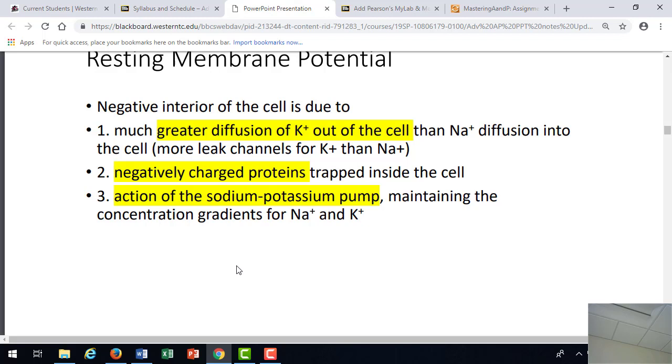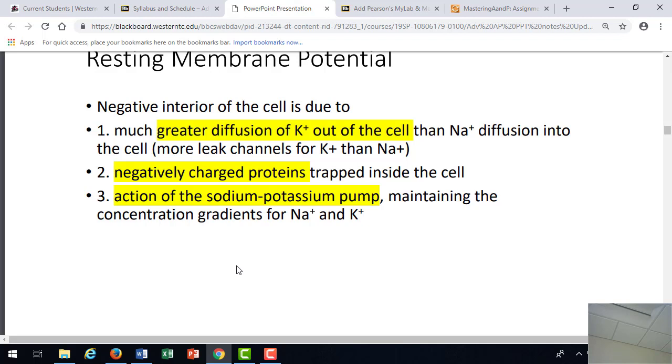So if both of them are positively charged, if we're losing positive ions faster than we're gaining, it's going to leave us with a negative inside, because there's something inside that's negatively charged, and that's proteins. Proteins made by the cell, most cells make proteins, neurons in particular.